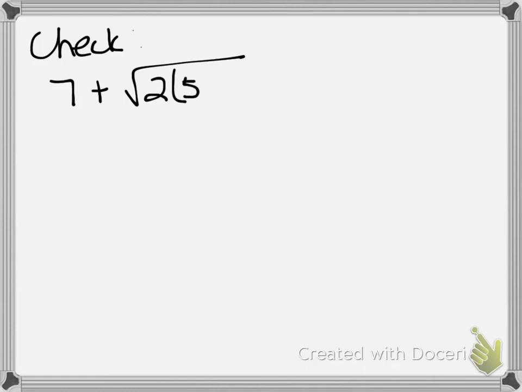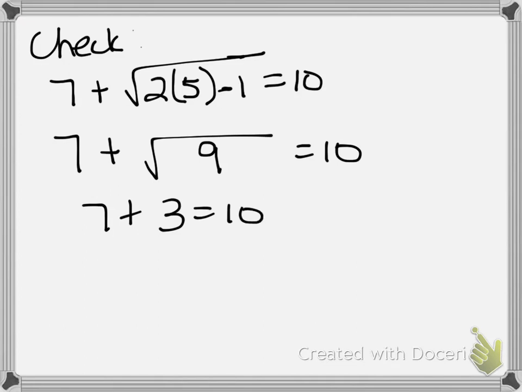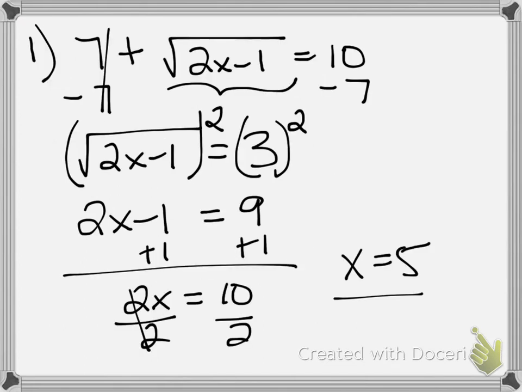However, instead of x, I'm going to put what I got as the solution, which was 5. So then I have 7 plus the square root of 2 times 5 is 10 minus 1 is 9, and that equals 10. The square root of 9 is 3, and 7 plus 3 does equal 10. So therefore 5 truly is a solution.